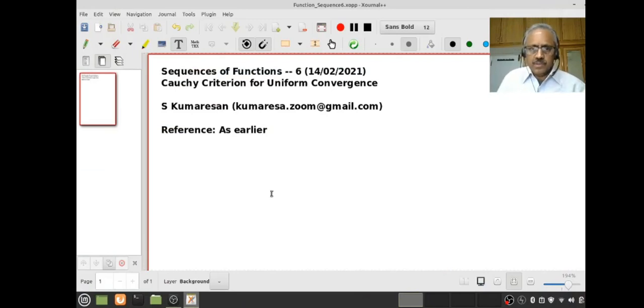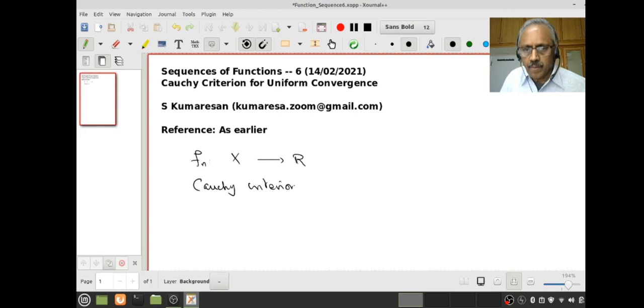But as usual, let's start with the simplest question. I have a set X and a sequence of functions fn, and what I want to know is whether there is any Cauchy criterion for pointwise convergence.